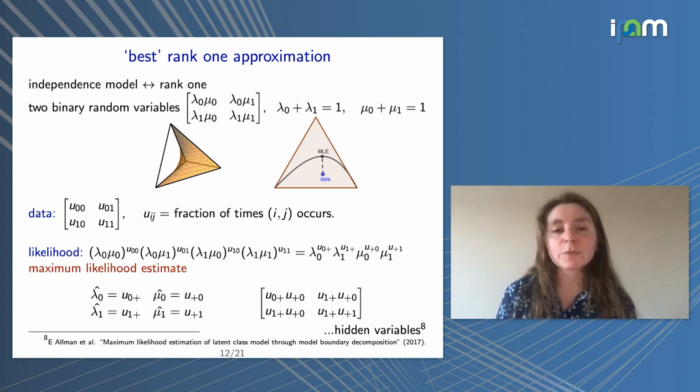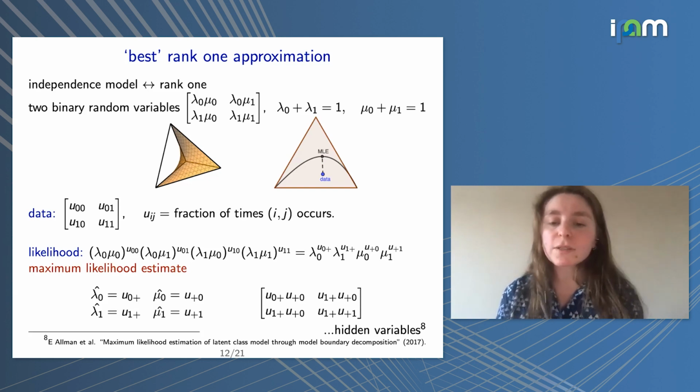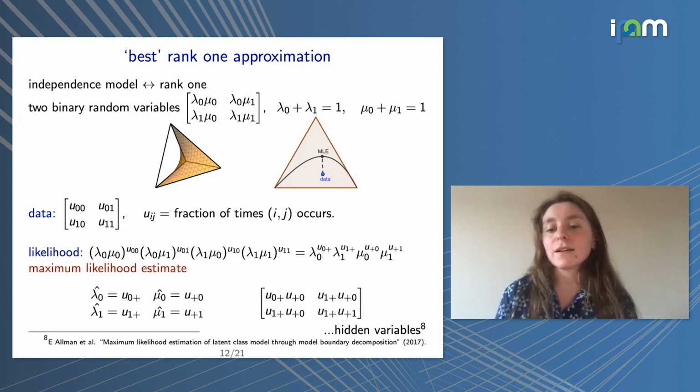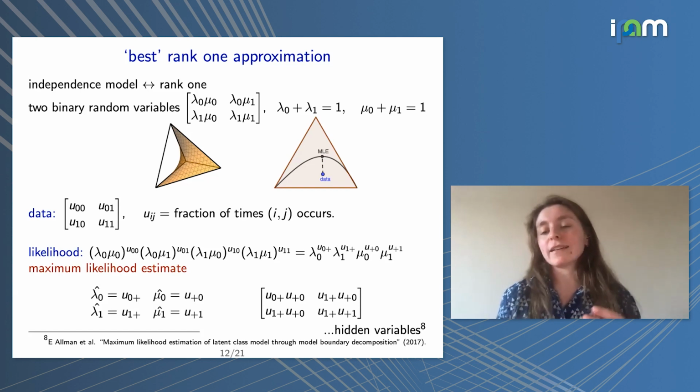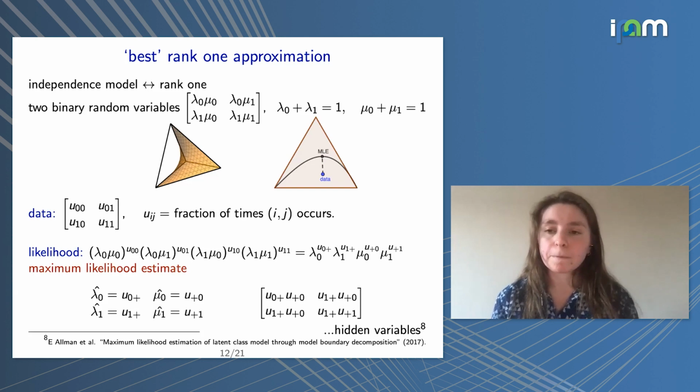This algebraic approach can be applied when we've got no hidden variables, and is also starting to be applied in the first cases where we do have hidden variables, where this works through looking at the different pieces of the boundary of the model. For example, this was studied in a paper of Alman et al. from 2017.